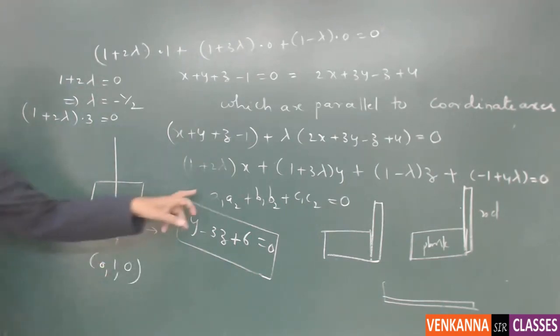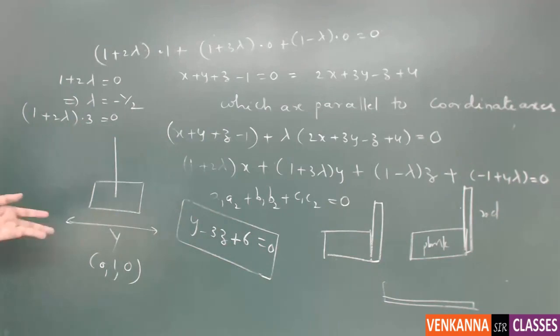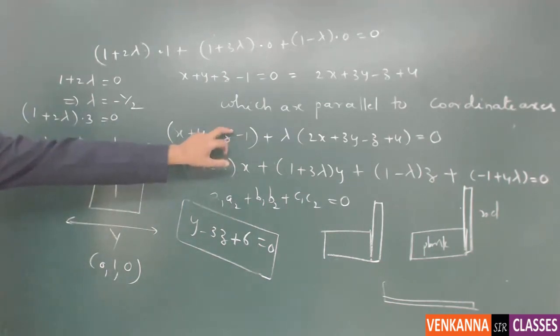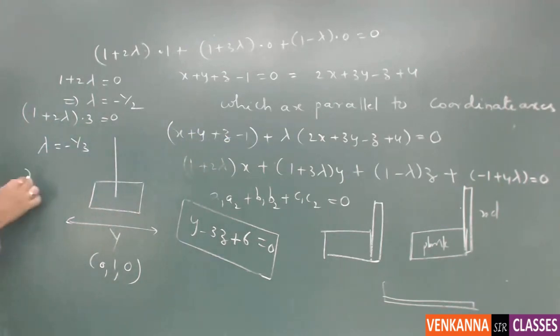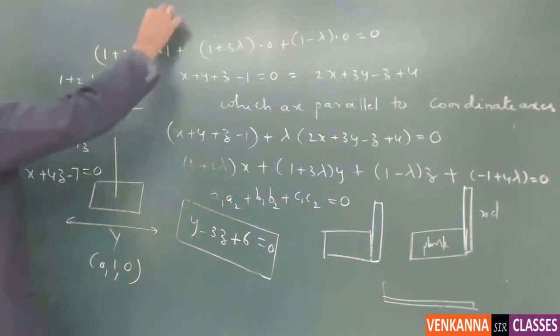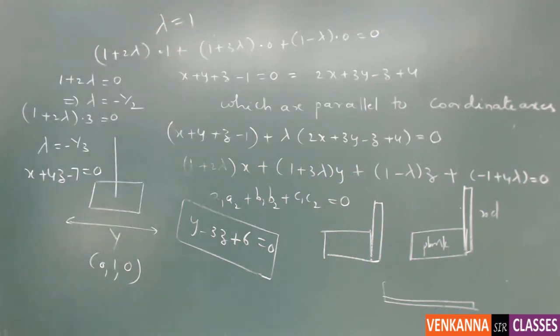Again, if you apply the perpendicularity condition, you will get lambda as minus 1 by 3. Substituting the value of lambda here, you get the equation x plus 4z minus 7 equal to 0. Similarly, if you take the z-axis, you will get lambda equal to 1, so the respective equation you will get as 3x plus 4y plus 3 equal to 0.